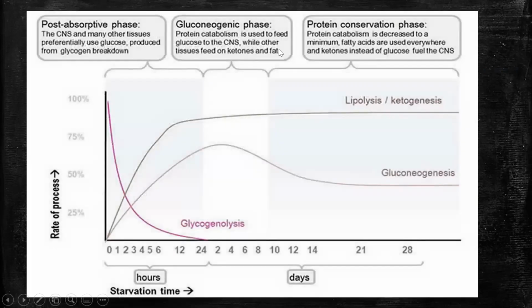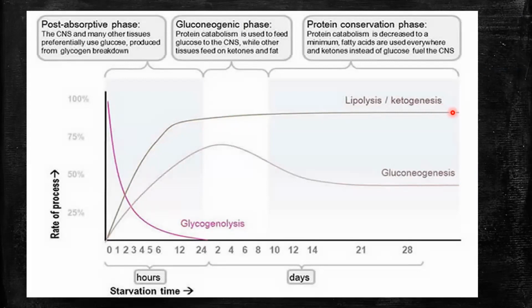So this picture sums it up pretty nicely. The glycogen is purple, and you can see after 24 hours, it's gone, and it doesn't get regenerated during this fast. So it's a one-time use sort of thing. Fats ramp up very quickly, and ketones will always be important during the fast.